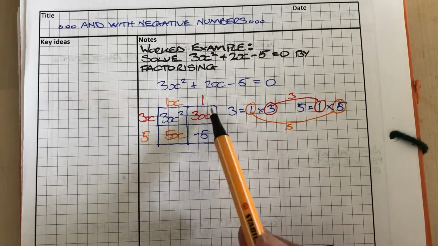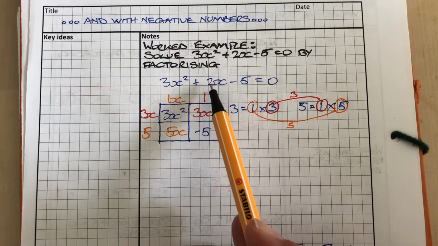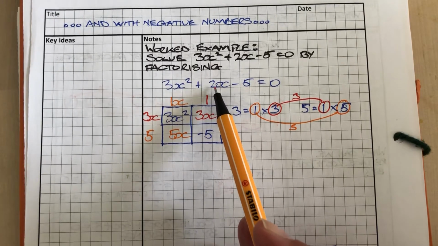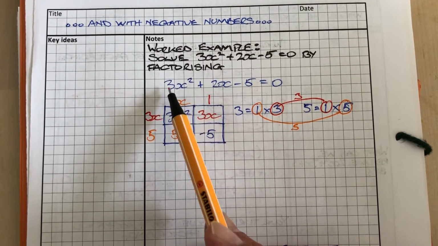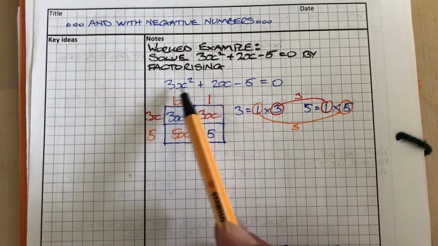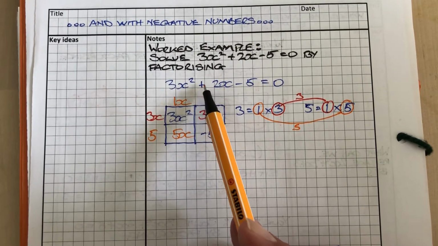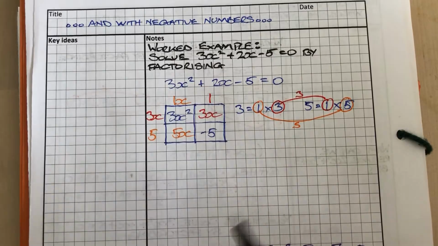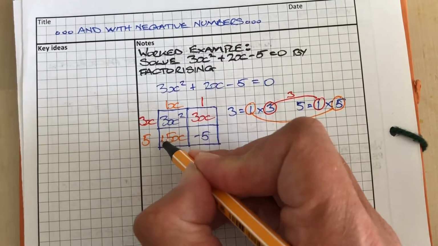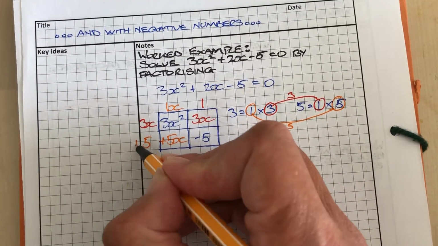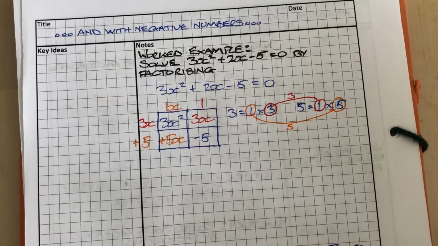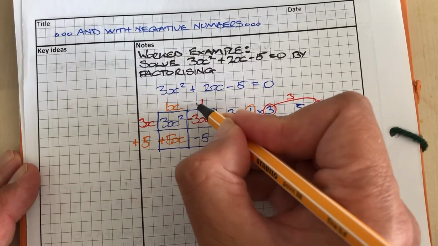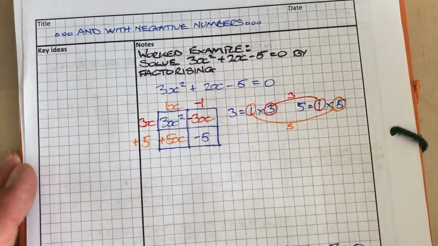These two terms now need to combine to make 2x. And as I said before, when we only had a 1 in front of x squared, this sign will go with the bigger number. 5 is bigger than 3, so it's going to be positive 5x, positive 5 here, which means that this is going to be negative 3x and negative 1 here.